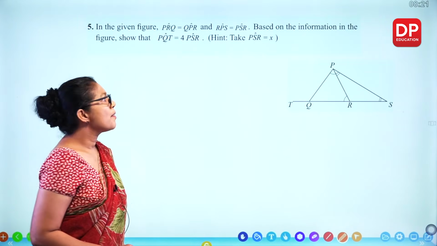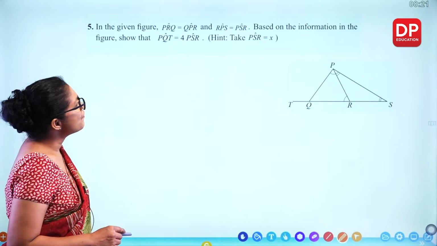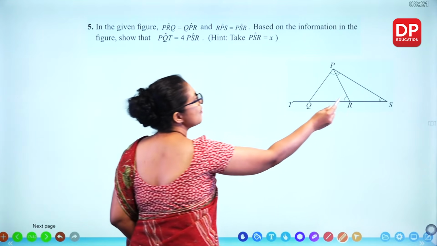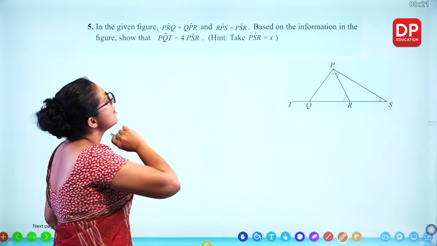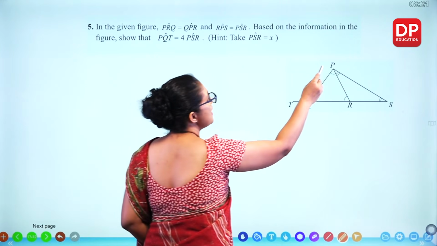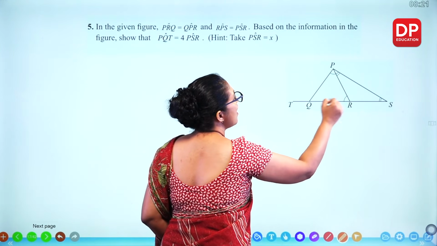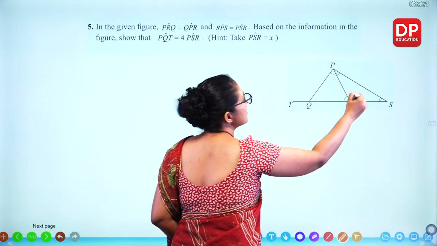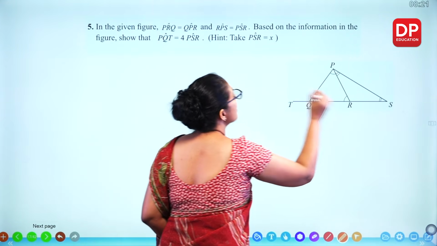Now we'll look at question number 5. It says in the given figure, PRQ, this is already marked as PSR. So this PQ, RPS angle already marked.